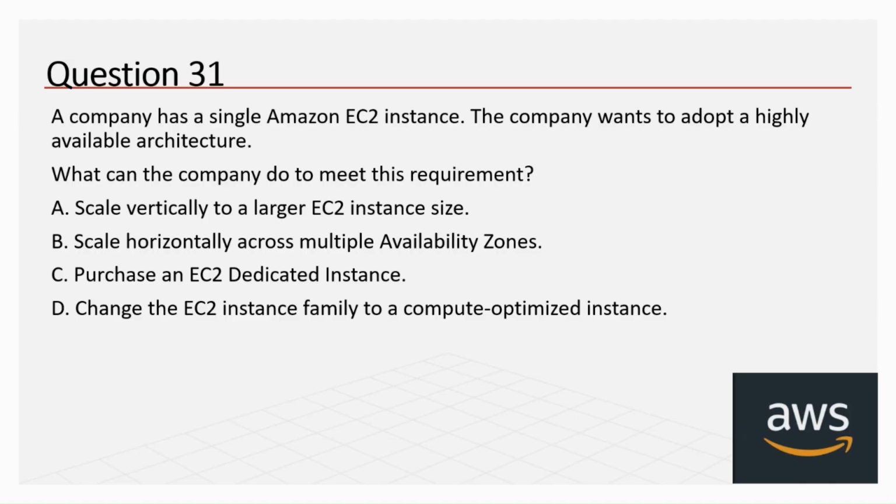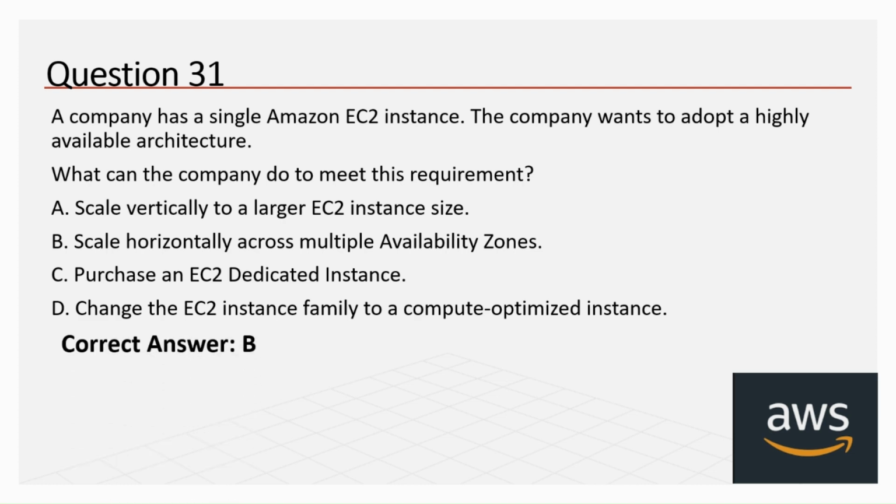Let's look at question number 31, which says a company has a single Amazon EC2 instance. The company wants to adopt a highly available architecture. What can the company do to meet these requirements? The options are scale vertically to a larger EC2 instance size, scale horizontally across multiple availability zones, purchase an EC2 dedicated instance, change the EC2 instance family to a compute optimized instance.